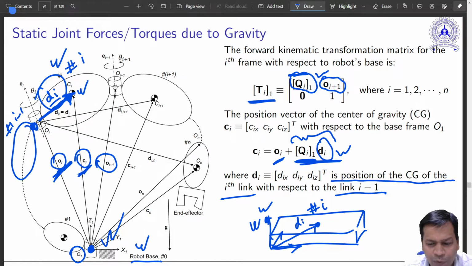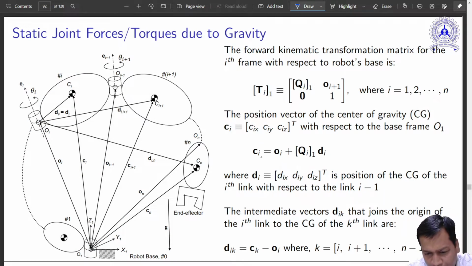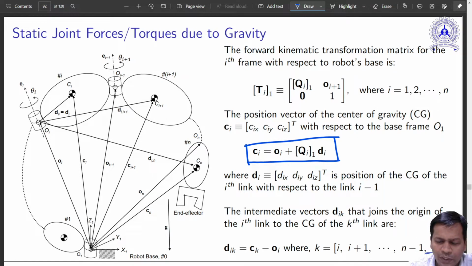So that is what. Now I know everything. I have all the information with me. So let us move ahead now. This is the complete equation. What does this say? I'll repeat once again. Di was already known in its own frame. I used the rotation matrix from this and expressed this vector Di in the base frame.